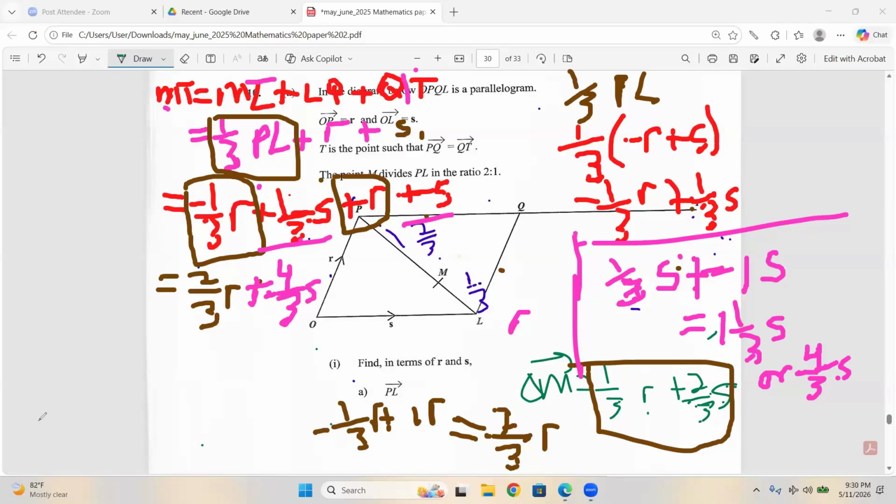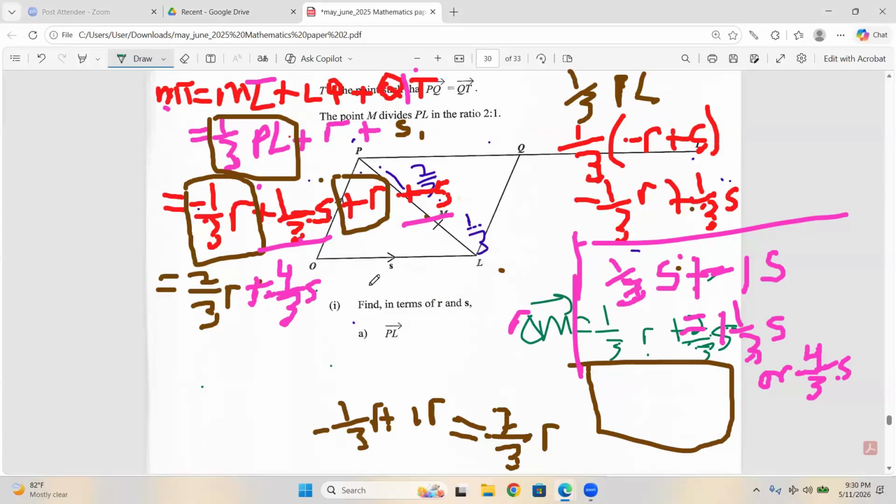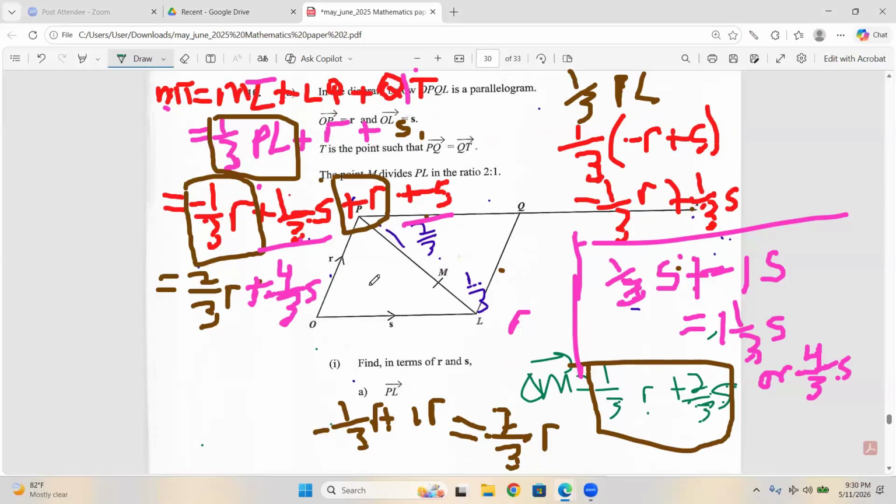So based on the answer I have now, they want us to prove OM, from O to M and M to T, are collinear. I know the screen is full of stuff. Okay, we look at them, right? For the R's, if you look very closely, I don't know if you'll see what I'm seeing.